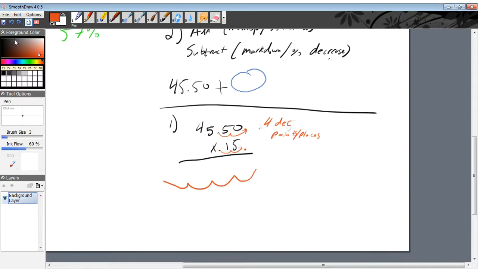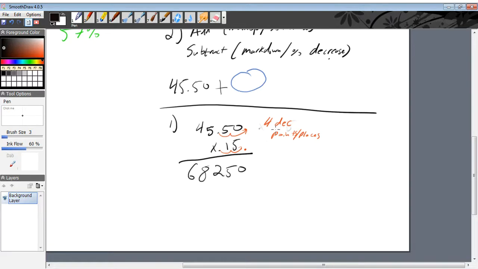To save time, I've already done the multiplication. The answer is going to be 68250.